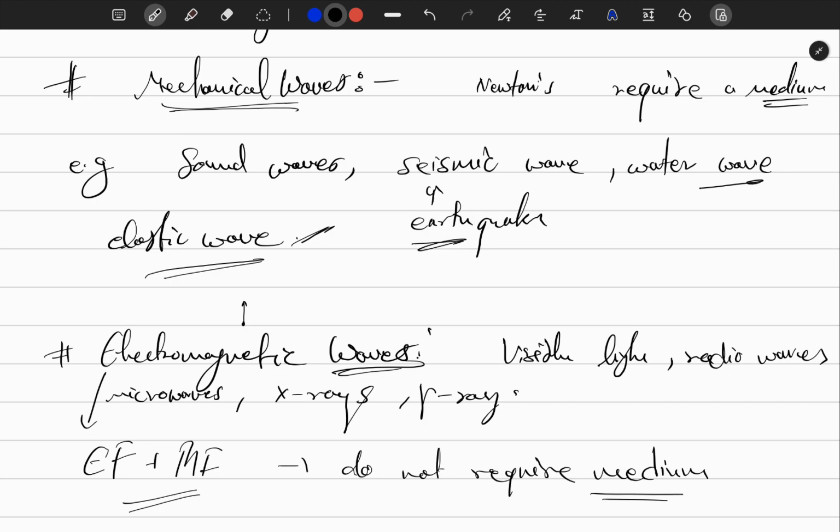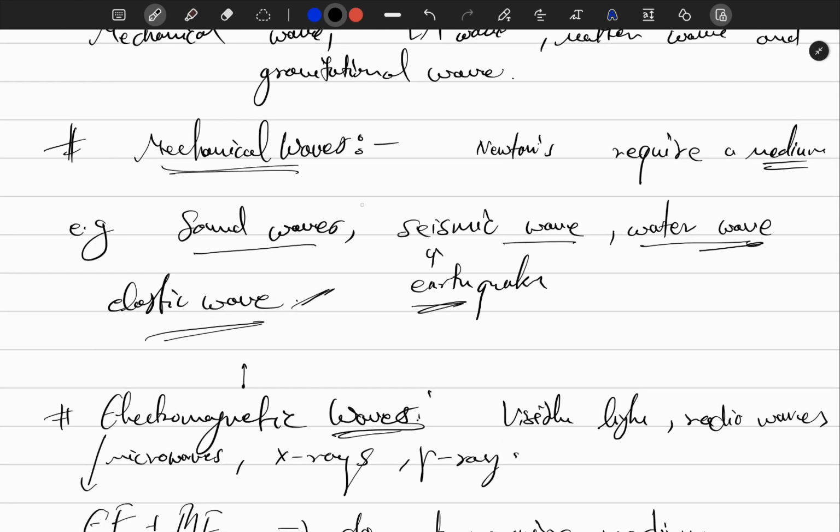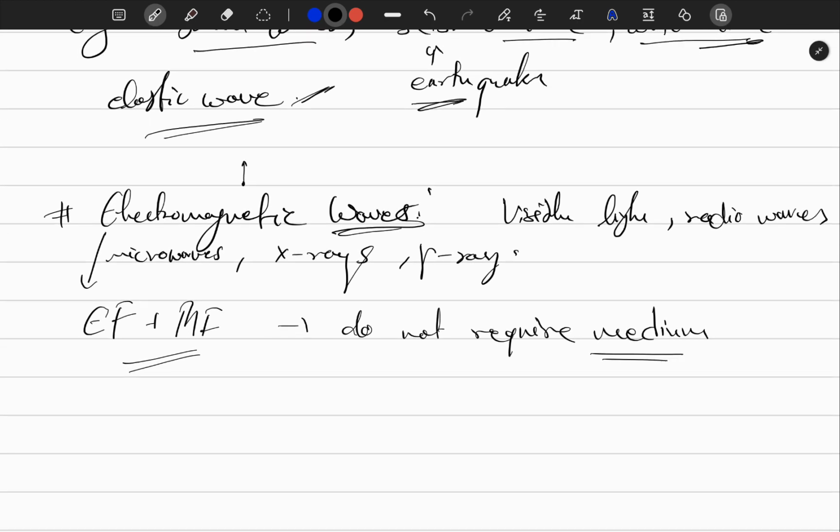But seismic waves, water waves, and sound waves cannot travel through the vacuum. If you scream into space, then no one will hear you, because sound waves cannot travel in vacuum; they require a medium for their propagation.